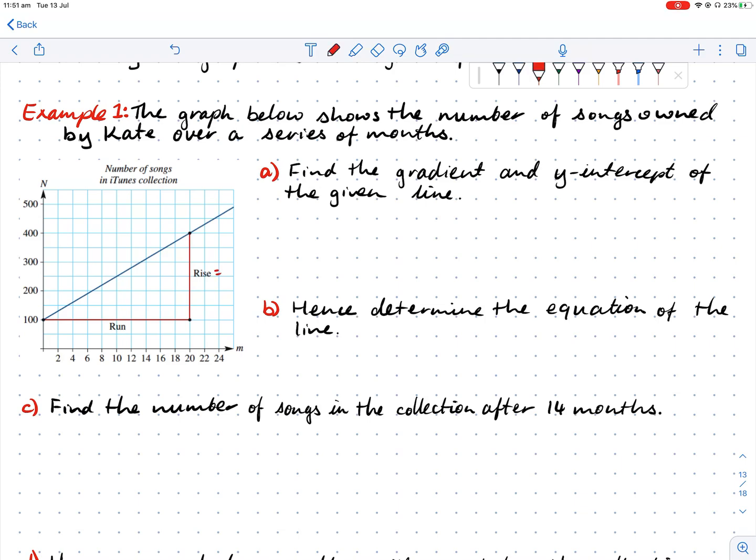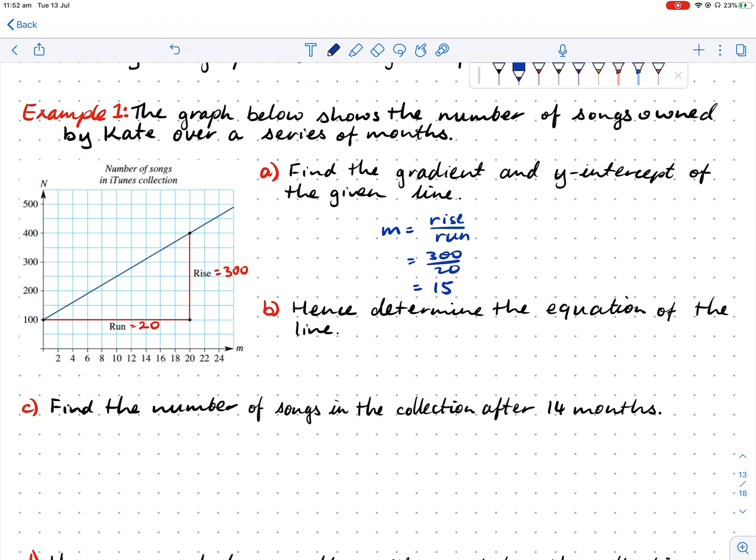So the rise is equal to 300. Your run starts at 0 and then moves up to 20. So the run is equal to 20. So when we go about working out the gradient, it's rise over run. That's 300 over 20, which is equal to 15.